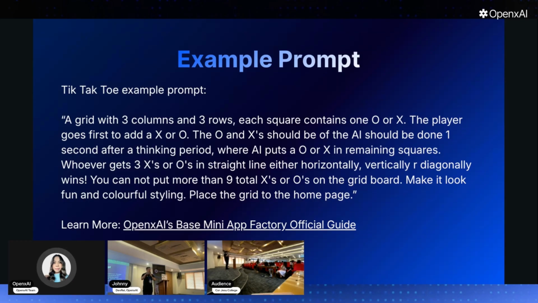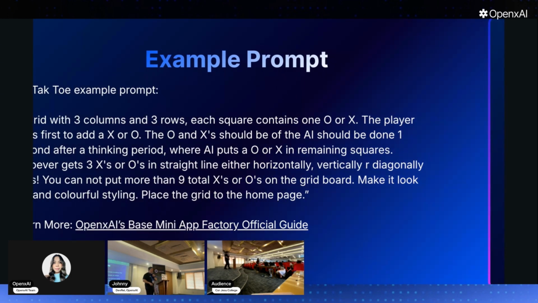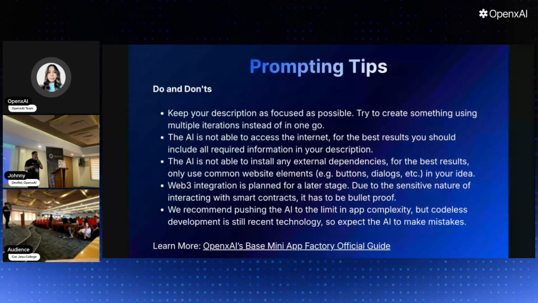So obviously having 3 in a row, or up and down, or diagonally. And then what happens at the end? Does it restart? Do I just get a congratulations screen? So just try and add those things into the prompt. So again, for your prompting, just keep it very simple and focus on describing what the app is and the rules.